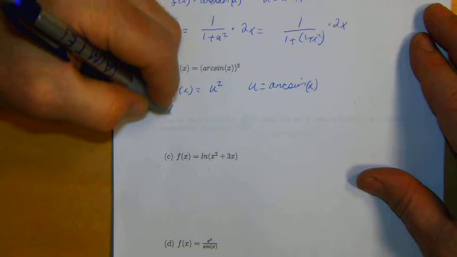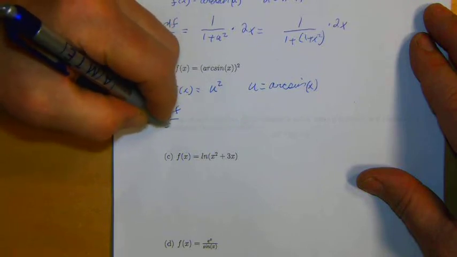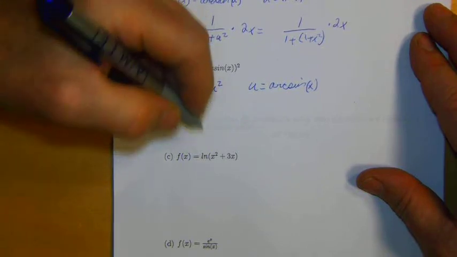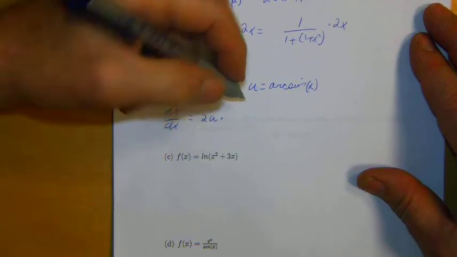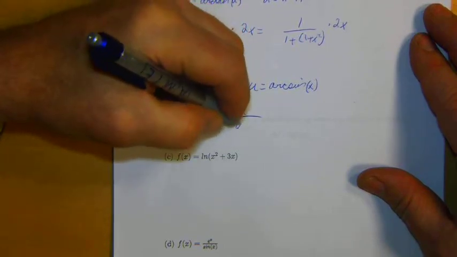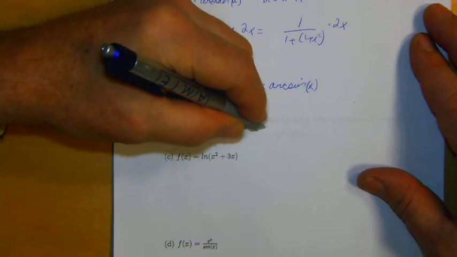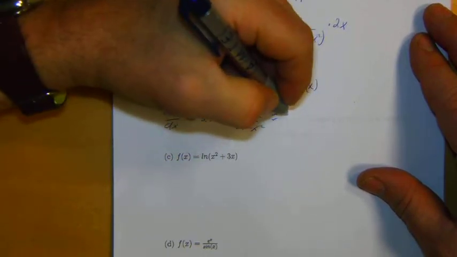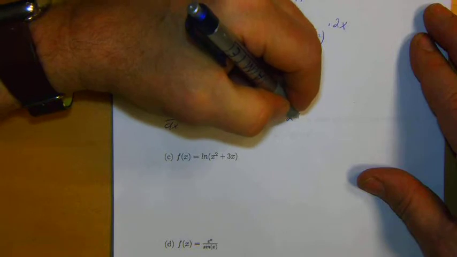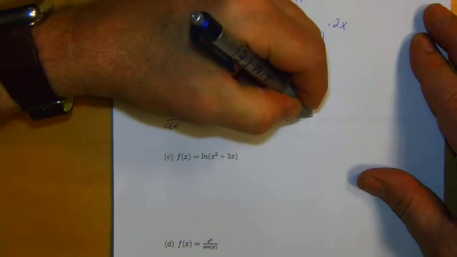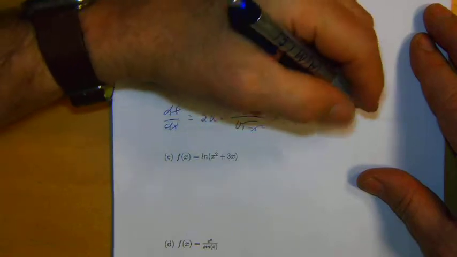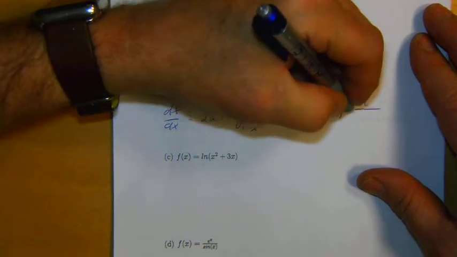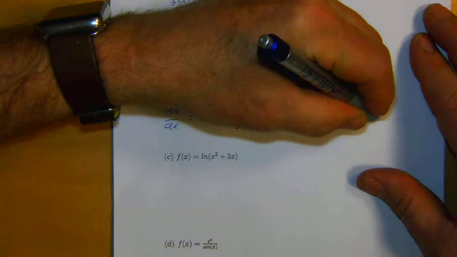So df dx is equal to df du, 2u, times the derivative of u, 1 over the square root of 1 minus x squared. Substituting u back in, we get twice arcsine x times 1 over the square root of 1 minus x squared.